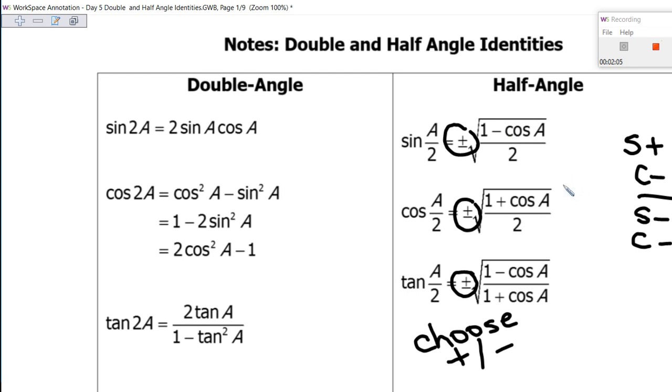Quadrant 4, sine is negative, cosine is positive. So based on the information, whether you're given the sine, cosine, or tangent, you'll need to then look at your angle and determine in which quadrant that angle would terminate, and then decide if your answer should be positive or negative.